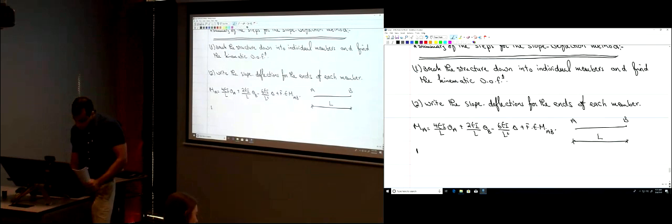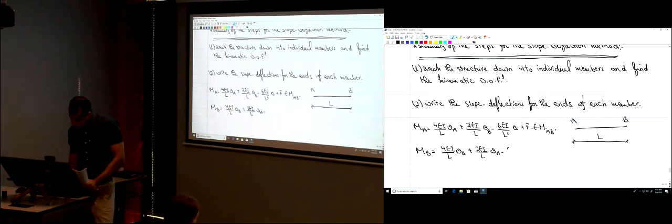And then you write it at the other side. You write the same equation at the other side of the member, at point B. So it's 4EI divided by L, but now theta B, plus 2EI divided by L theta A, minus 6EI divided by L squared delta, plus fixed end moment BA.